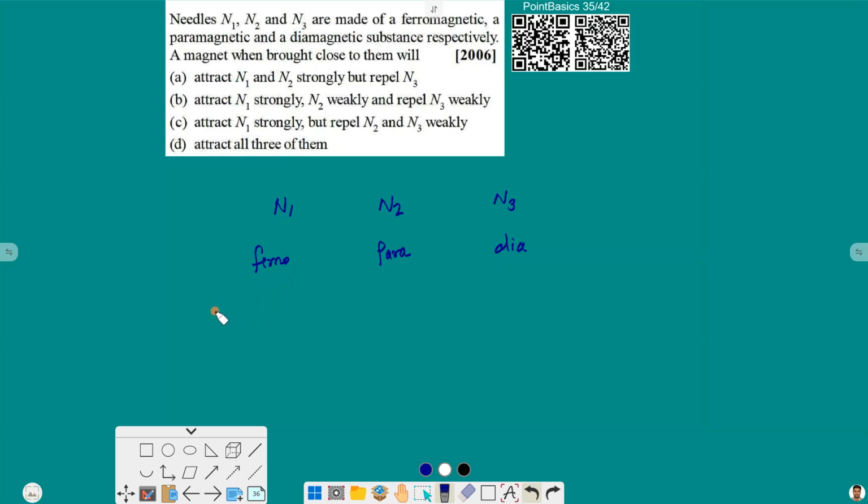So N1 will be strongly attracted, N2 will be feebly attracted, and N3 will be feebly repelled. So since N3 is repelled, and N1, N2 strongly, A is cancelled. Strongly attract N1, weakly N2, and repel N3 weakly. So option B will be the right answer here.